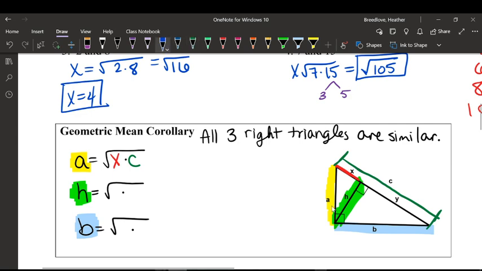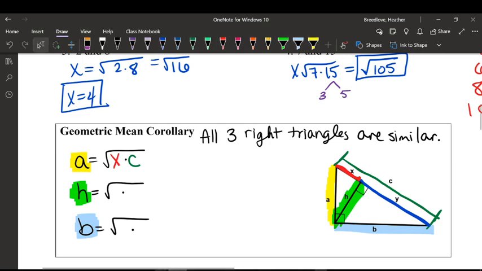But H is touching X and Y. It's not touching C. I mean, in a way it is, but I have it drawn this way on purpose, where X and Y are on the inside and C is on the outside. Because C really is X and Y added together, so H is kind of touching all of it.